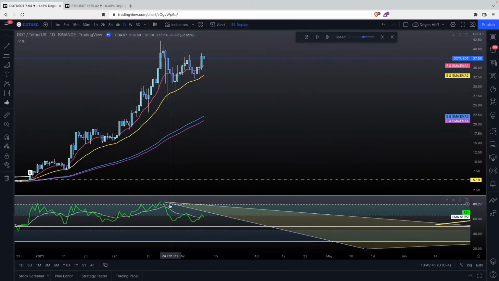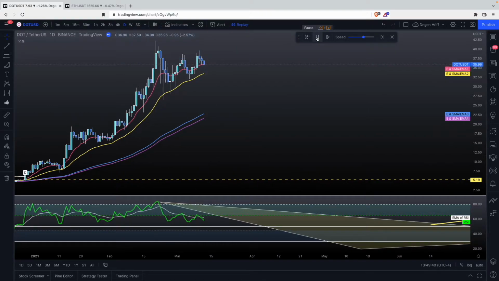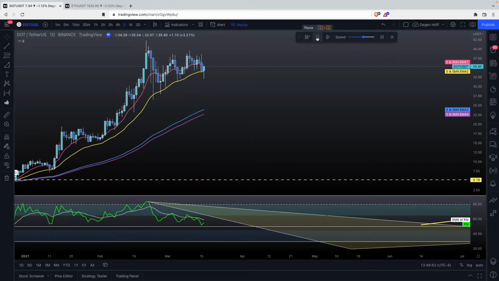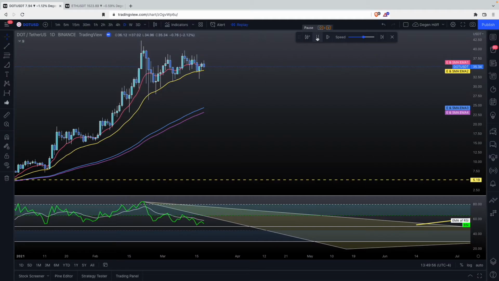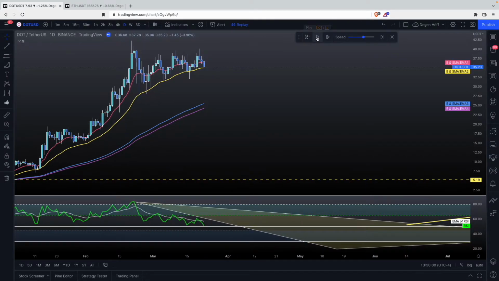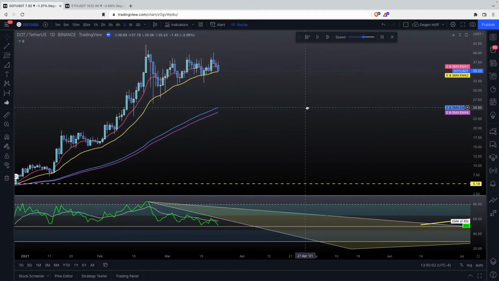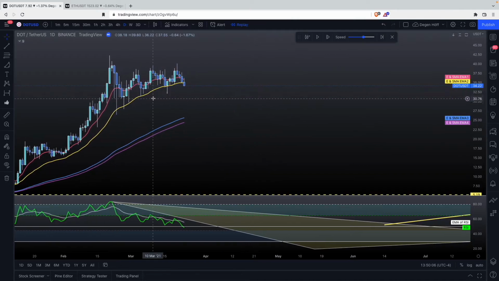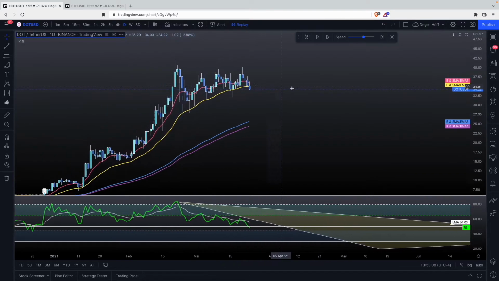Alright, so here we have convergence. Okay, here we have a subtle drive of bearish divergence. Still holding. There it is. So here it closed below.